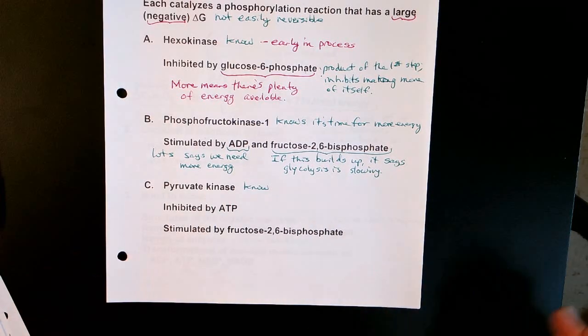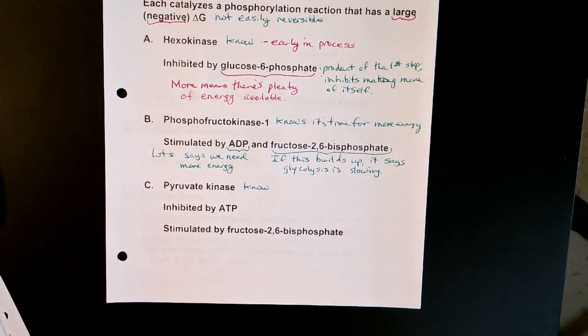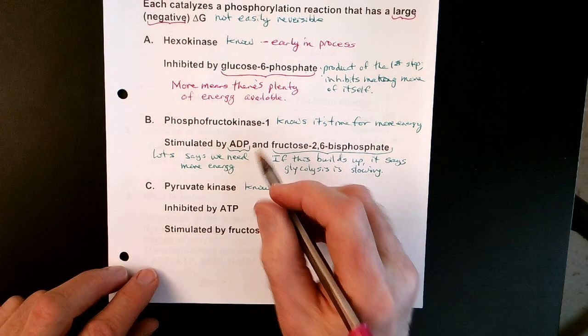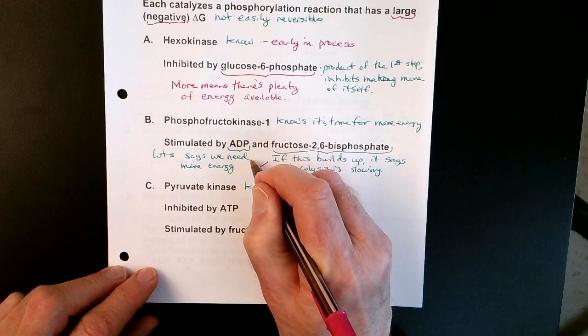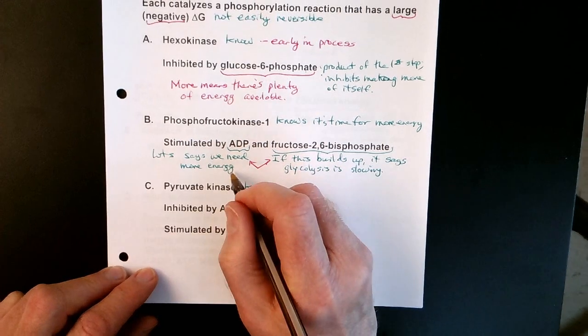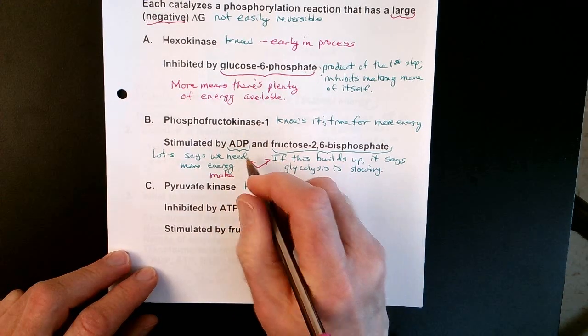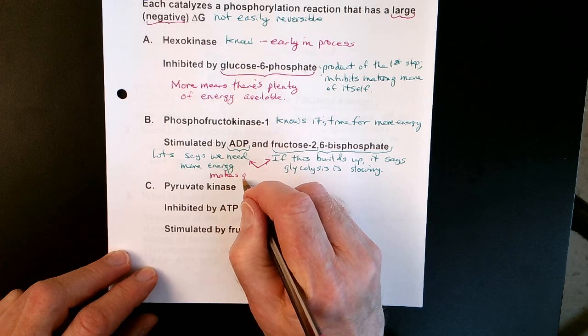Now, that's not all bad. There needs to be ways to speed it up and to slow down the whole process. Okay, but what the two of these do together is it makes glycolysis sensitive to the energy needs of the cell.